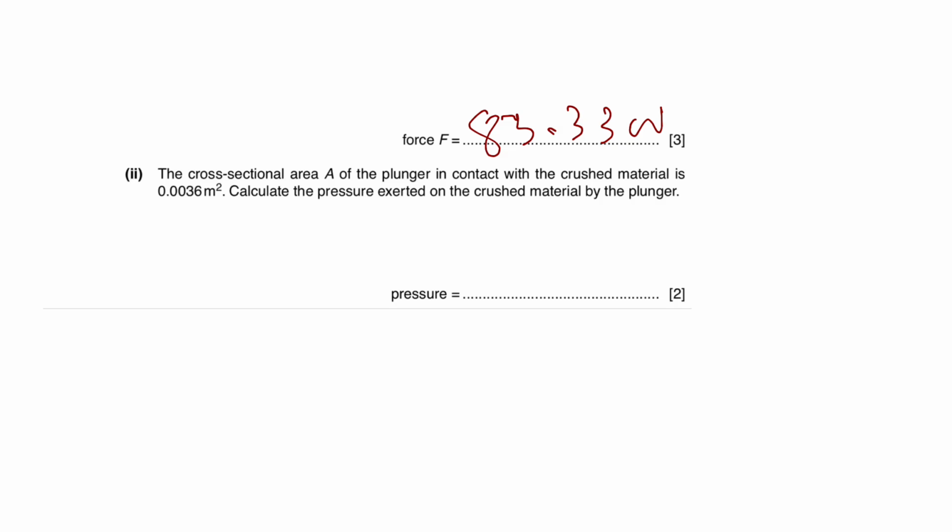Now the second part of the question. The cross sectional area A on the plunger in contact with the crushed material is 0.0036 meters square. Calculate the pressure exerted on the crushed material by the plunger. We apply the pressure formula: pressure equals force upon cross sectional area.